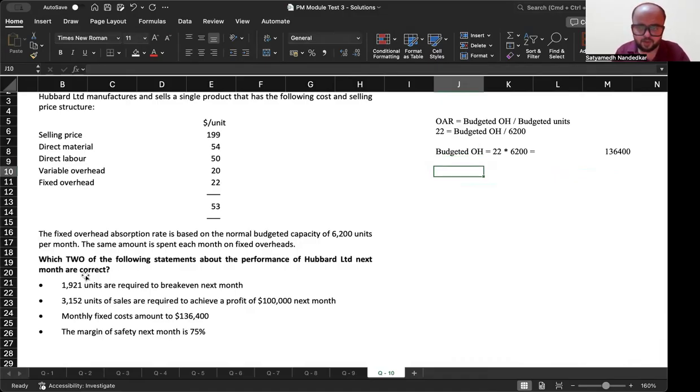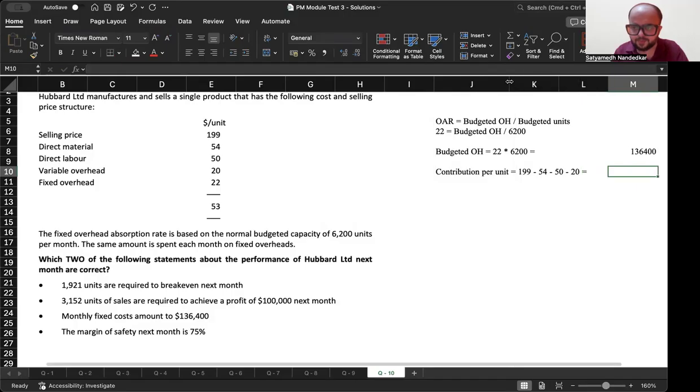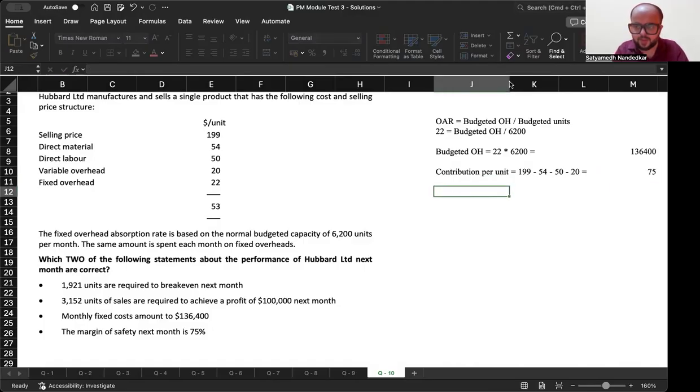Which two of the following are correct? 1921 units are required to break even next month. What is contribution per unit? If I need break even point, I need contribution per unit. It is 199 selling price minus 54 direct material minus 50 direct labor minus 20 variable overheads. So how much will this be? 199 minus 54 minus 50 minus 20.